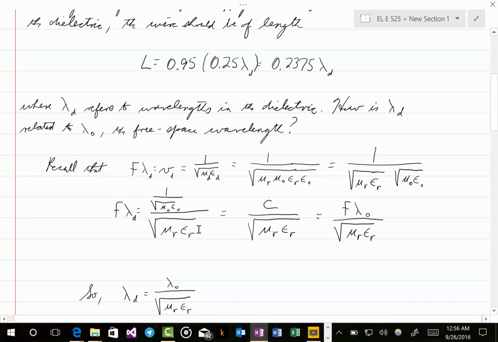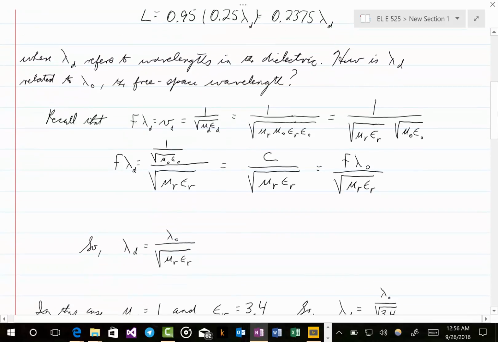And the reason for rewriting it that way is that we recognize that 1 over the square root of mu naught epsilon naught is c, the speed of light in free space, and the speed of light in free space is the same thing as f, the frequency, times lambda naught, the free space wavelength. So we can substitute that for c, and so we have f lambda d is equal to f lambda naught divided by the square root of mu r epsilon r.